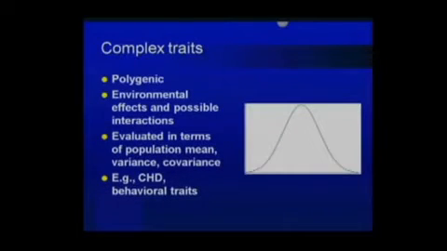Other kind of trait that you have, obviously, if it's not simple, it's complex. They're polygenic traits. In other words, a number of genes contribute to the degree to which they're expressed.